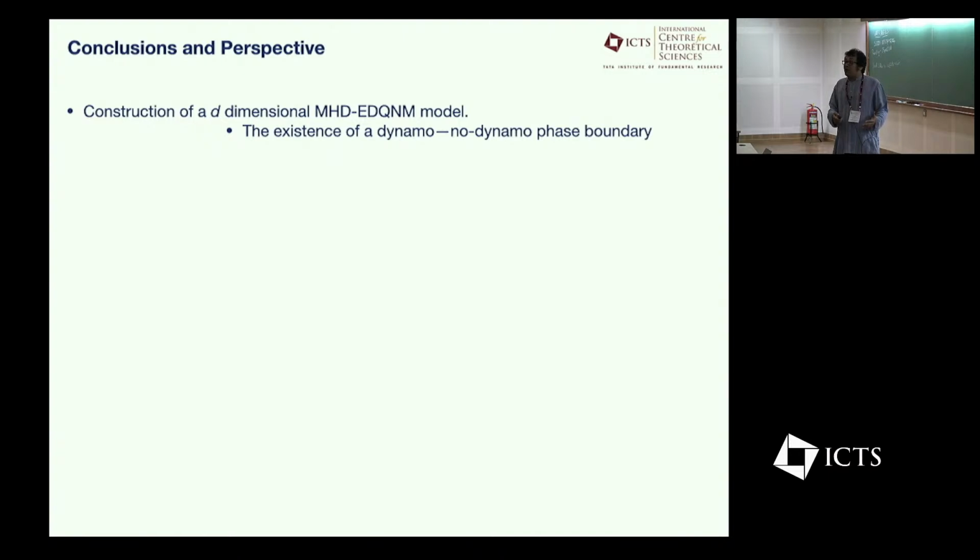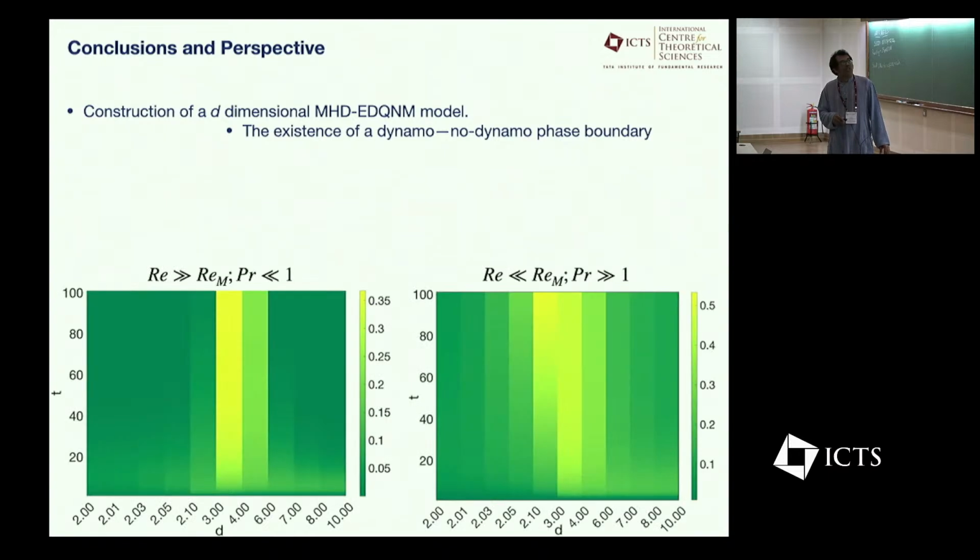And with this model, unlike simulations or experiments, we can actually span the space, this phase diagram that I showed you at the beginning about where the galaxies are, where the solar wind is, etc. I don't even know the numbers very well, but you can show with this that for very small Prandtl number, where you're talking about terrestrial experiments, the dimensions in which you can sustain dynamo shrink, and it really becomes 3D.